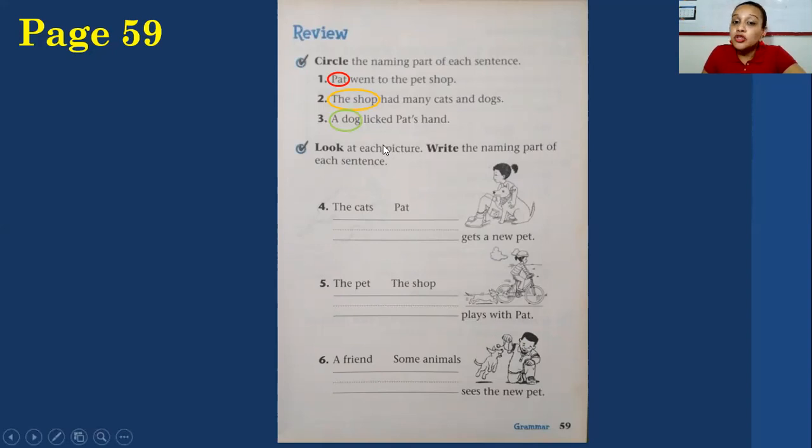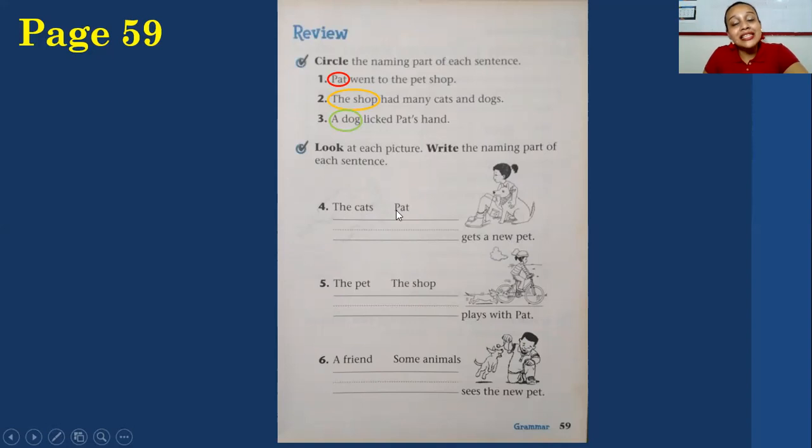And in exercise number 2, look at each picture. Why do we have to look at each picture? Because they are giving us clues on how we can complete these sentences. Write the naming part of each sentence. Look, we have 2 options here. And we have a predicate now.